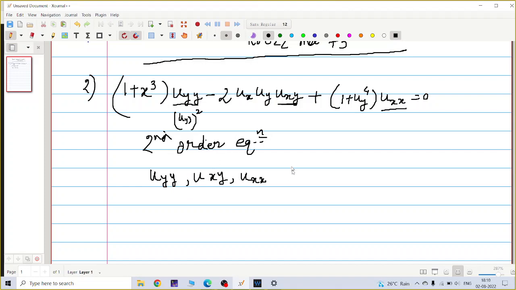So it is a quasi-linear equation. For those who joined later, let me tell once more.